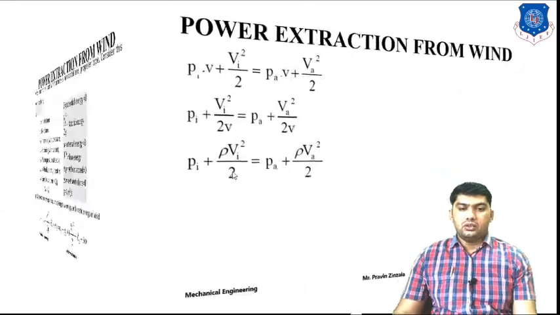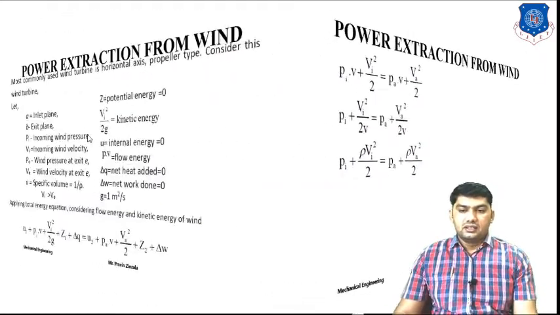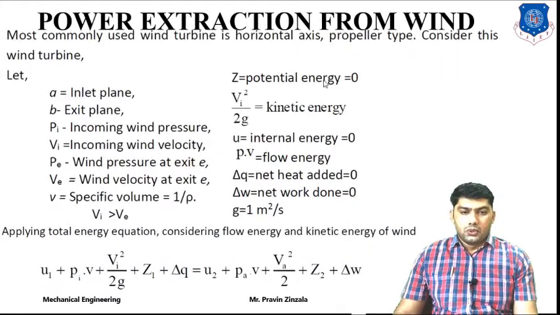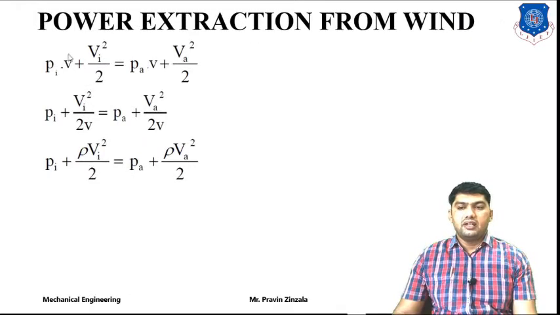By utilization of this equation, we are considering in this equation potential energy is equal to 0, internal energy is equal to 0, delta Q and delta W is equal to 0. So our final equation will be PiV means flow energy at the incoming side, plus kinetic energy at the incoming side, is equal to flow energy at the inlet side, inlet of blade, plus kinetic energy at the inlet plane.